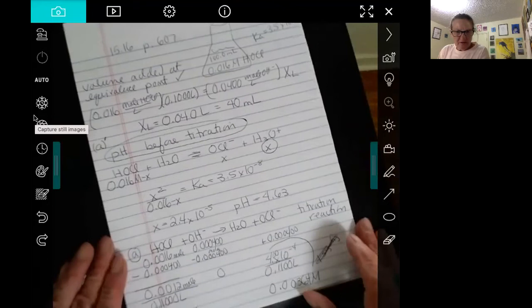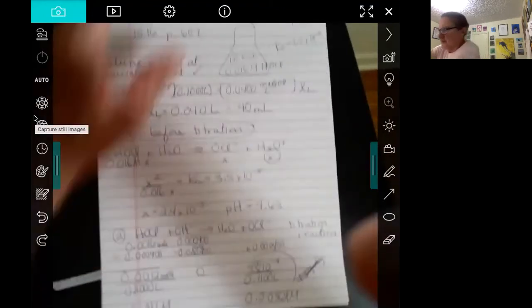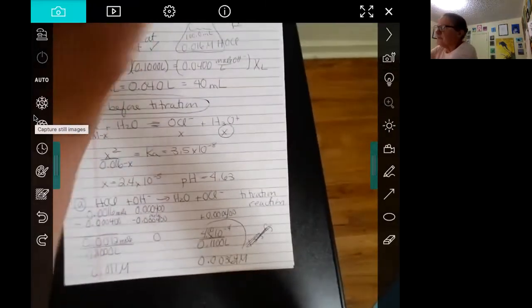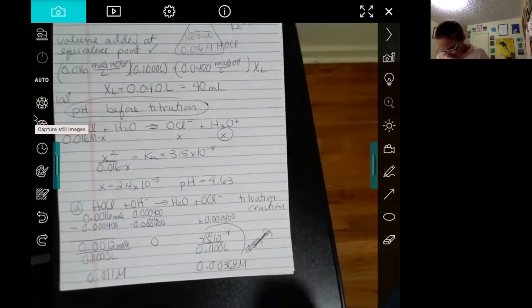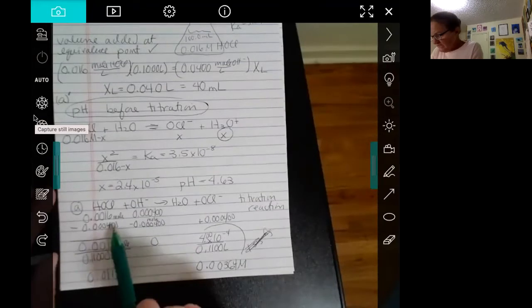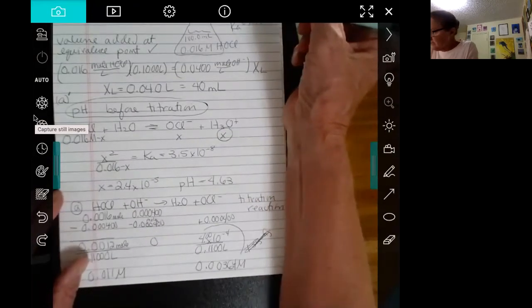So at A, we've added 10 milliliters of the sodium hydroxide.